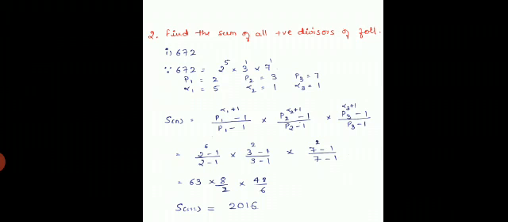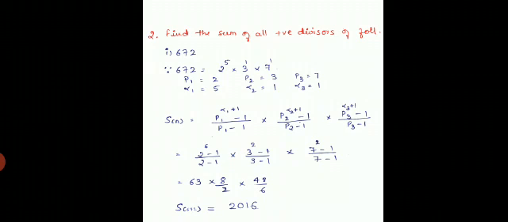So directly substitute in the S of n formula, that is P1 raised to alpha 1 plus 1 minus 1 upon P1 minus 1, into P2 raised to alpha 2 plus 1 minus 1 upon P2 minus 1, into P3 raised to the power alpha 3 plus 1 minus 1 upon P3 minus 1.